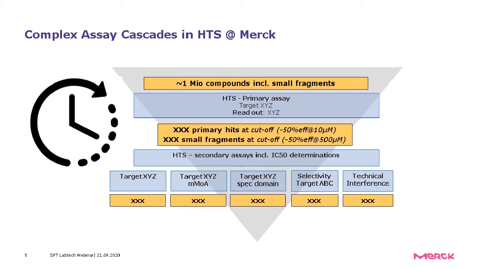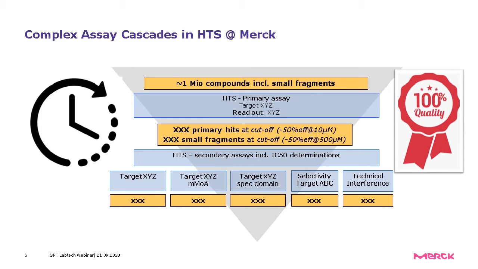And often the clock is ticking, so we have to be really fast here in assay development. And I have mentioned on the slide before that we have very high quality standards. So we have to be fast, and we want to have a high quality in these assays. And as you see on this slide, we have multiple assays.